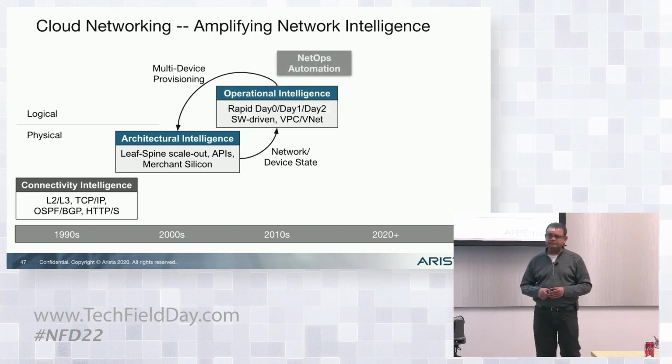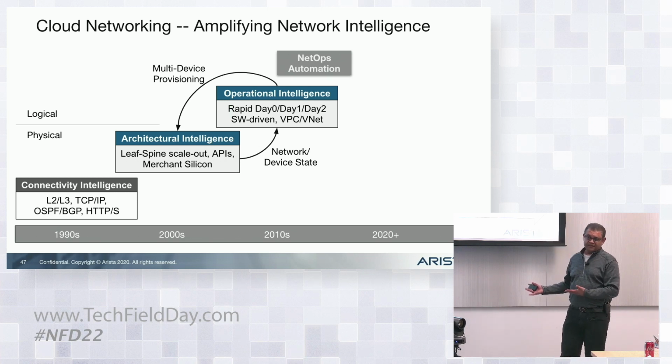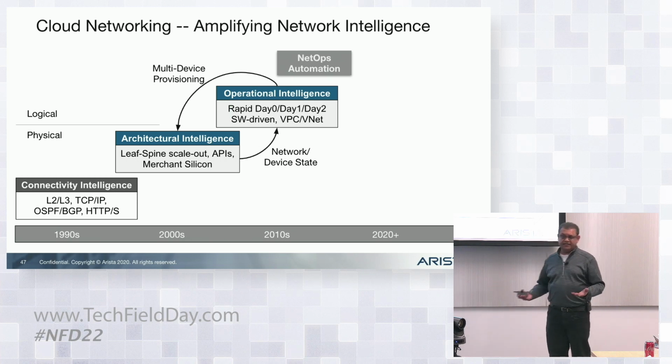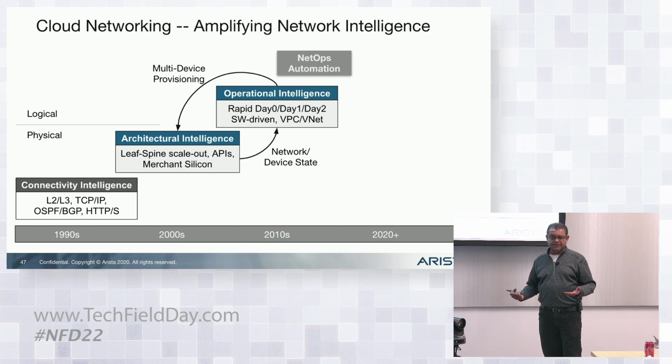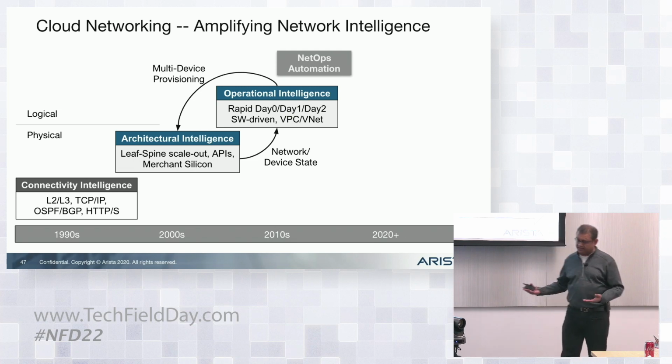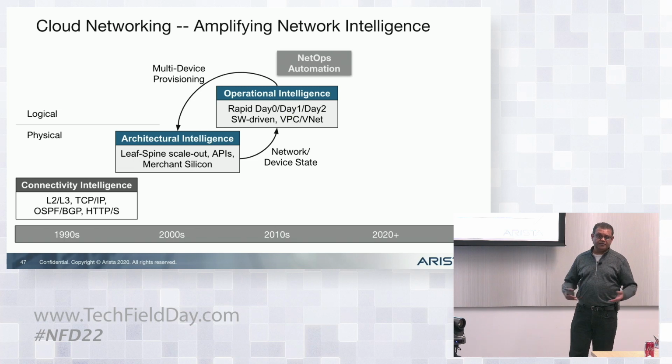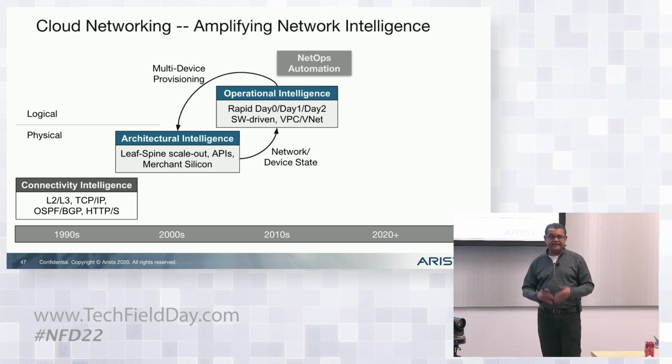And that's where the last decade, a lot of effort has gone in to bringing operational intelligence. And you saw a lot of that demonstrated today, right? But it started out with folks leveraging Chef and Puppet and Ansibles, and now custom operational systems like CloudVision to be able to simplify and automate the operation so that you can bound the complexity and get out of the Metcalfe conundrum.